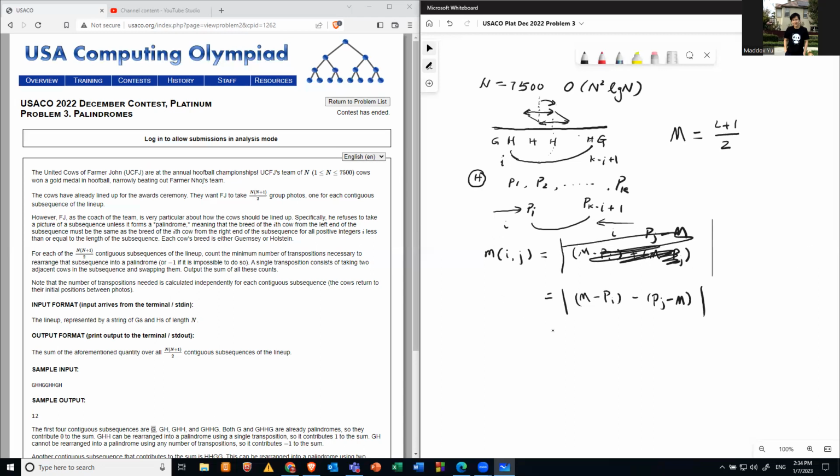So it is 2 of M minus P of I minus P of J, right?